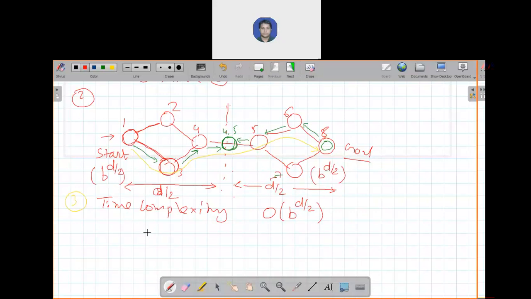If we combine these complexities, b^(d/2) plus b^(d/2), the complexity will be 2b^(d/2). You can ignore the constant 2. Is it clear to all of you how bidirectional search works, and how its complexity is reduced compared to BFS and DFS?